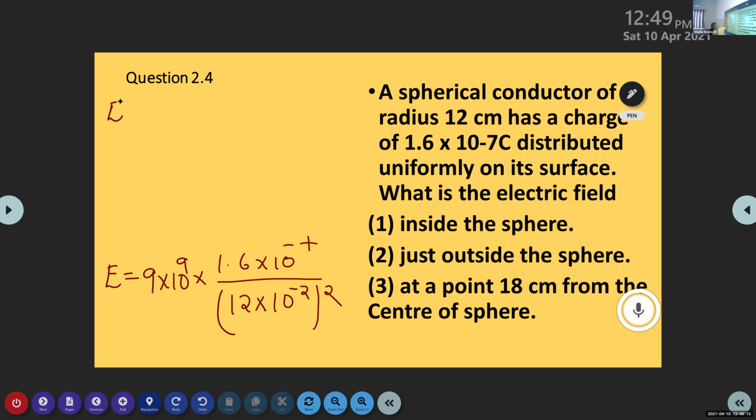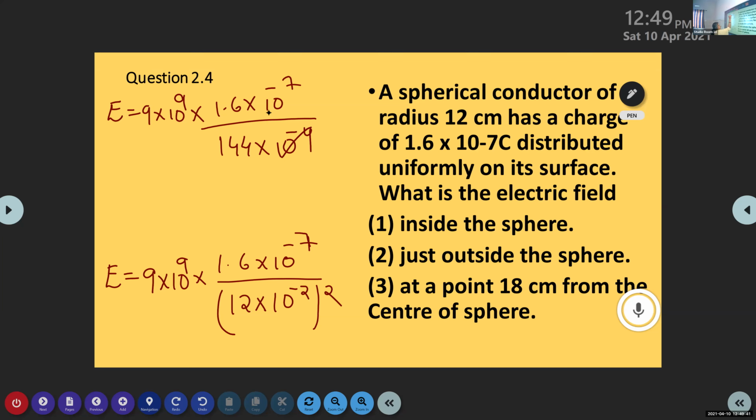What is 12 square, Michael? 144. Very good. 144 into 10 raised to minus 2 square, that is 10 raised to minus 4.